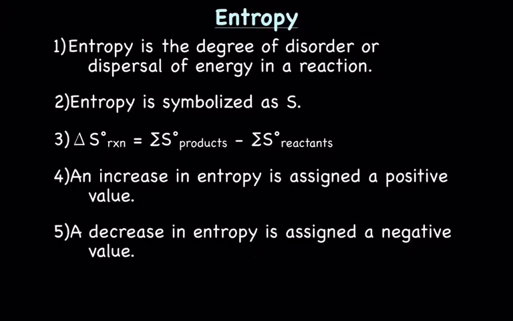Conversely, a decrease in entropy is assigned a negative value. So if delta S is negative, we have a decrease in entropy, meaning we have more order and less dispersal of energy.